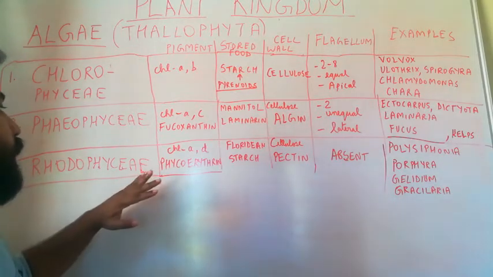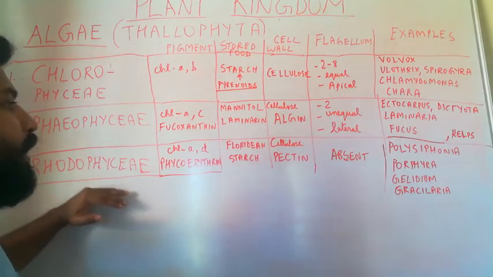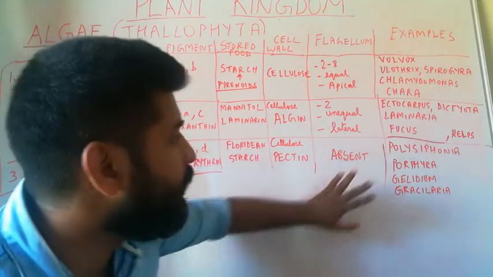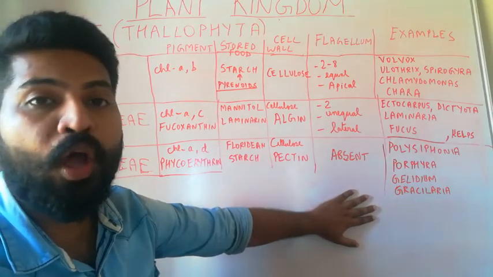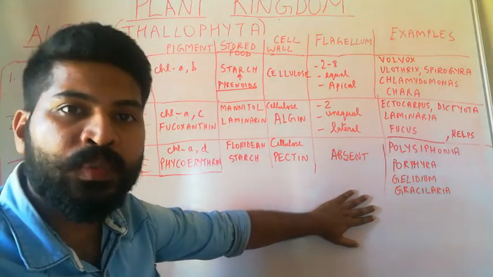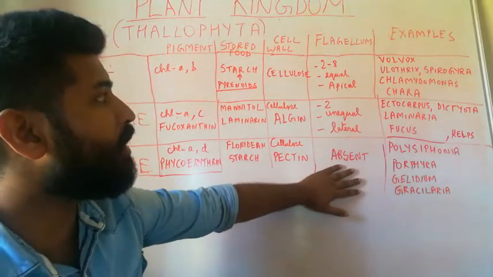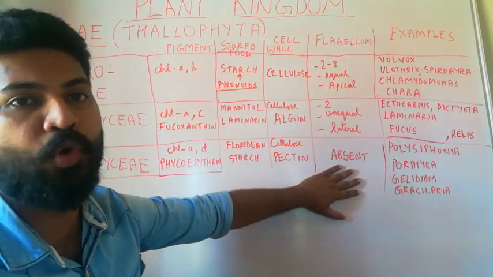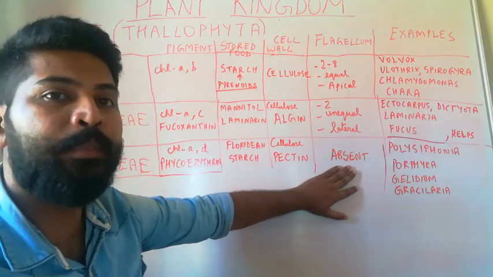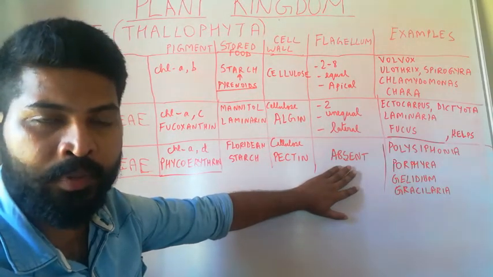The third type of algae is the Rhodophyceae. The most important thing about the Rhodophyceae or red algae is that they are non-motile forms. Their spores as well as gametes lack flagellum. They cannot move on their own. So sexual reproduction is completely of oogamous type.